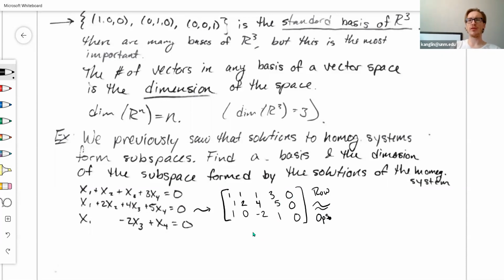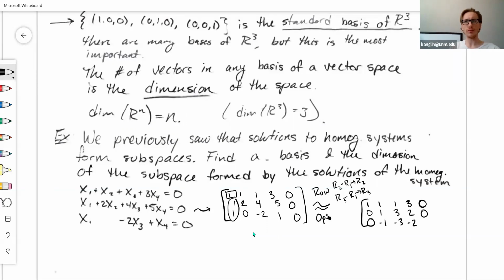Let me do maybe the first round of zeroing stuff out. I'll get rid of these 2 using the one that sits above them. I'll take row 2 minus row 1 back into row 2. I'll take row 3 minus row 1 back into row 3. And when I do that, I get first row left alone. 1 minus 1 is 0, 2 minus 1 is 1, 4 minus 1 is 3, 5 minus 3 is 2, 0 here. And it looks like in the bottom row I get 0, -1, -3, -2, and 0.